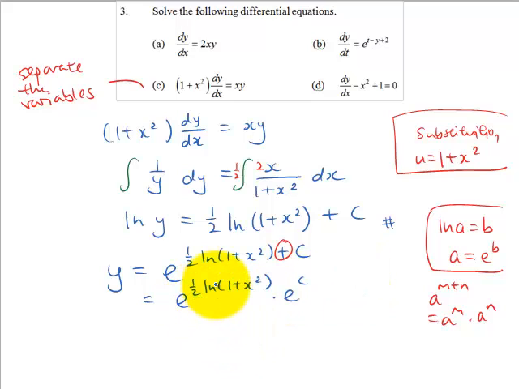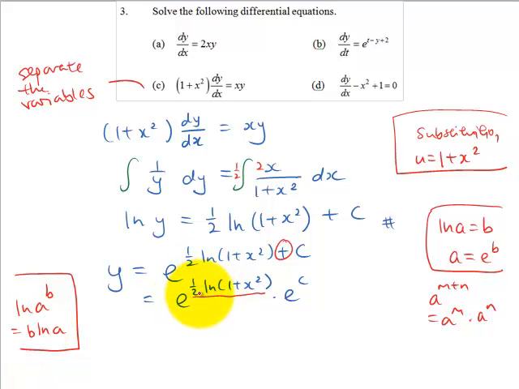Next, if you were to look at this part, I've got to bring in another logarithmic rule. It says that if I have ln a to the power of b, this power b becomes a constant factor.